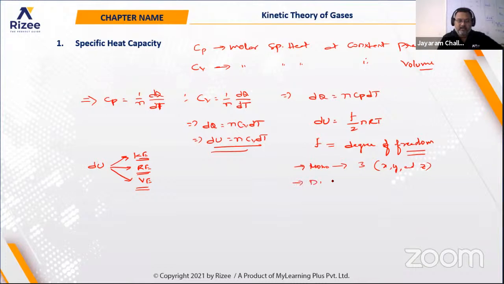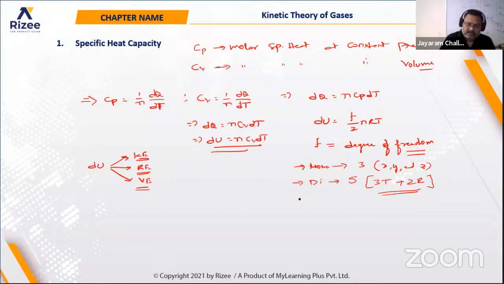Whereas for a diatomic molecule, according to the equipartition of energy, the total energy will be stored in 5 degrees of freedom: 3 translational plus 2 rotational. That means 3 translational kinetic energies along the x-axis, y-axis, and z-axis, and 2 rotational kinetic energies, that is half I omega square, and another half I omega square.